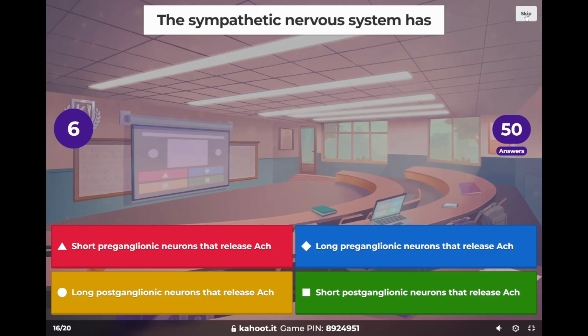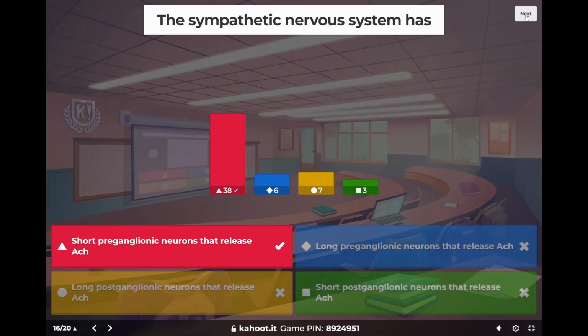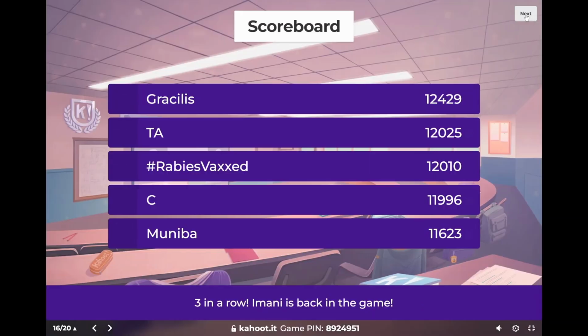Your sympathetic side chain ganglion is right off the spinal cord. They have short preganglionic that release acetylcholine. After the ganglion, it's going to release, obviously, epinephrine, norepi, maybe dopamine in some places, but the postganglionic is the one that's going to have the actual sympathetic neurotransmitters.